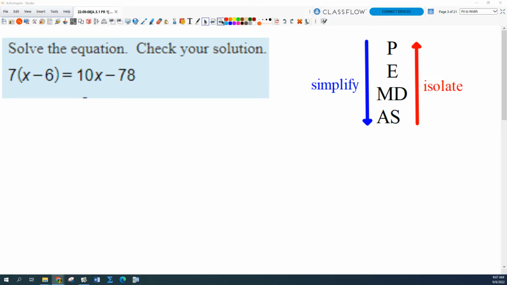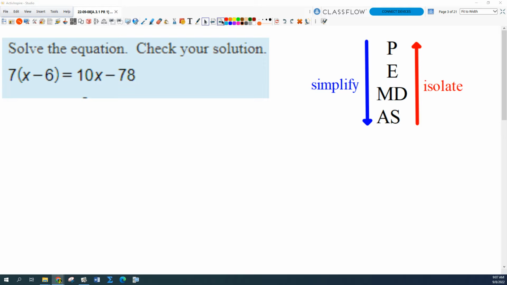Well, by order of operations, what's the first thing I need to do here to simplify? Okay, I'm going to look in the parentheses, and inside the parentheses, x minus 6. Can I combine those? Okay, so there's nothing I can do in the parentheses. They exist there. So we could move on down the list. No parentheses. Are there any exponents? No. Multiplication. Aha.